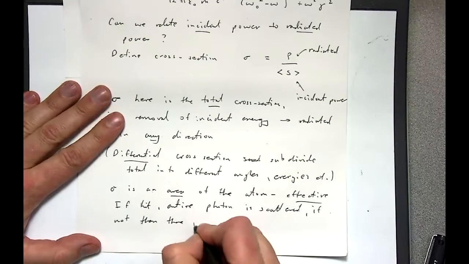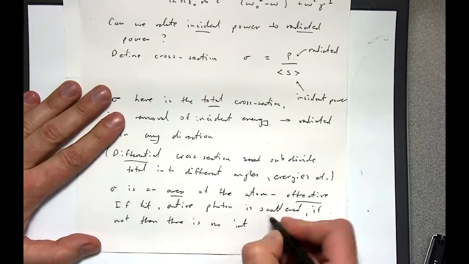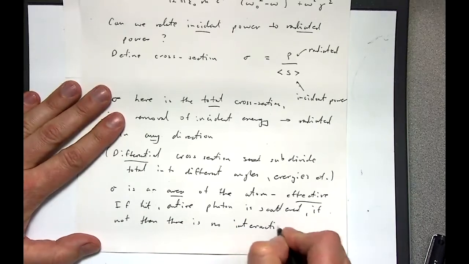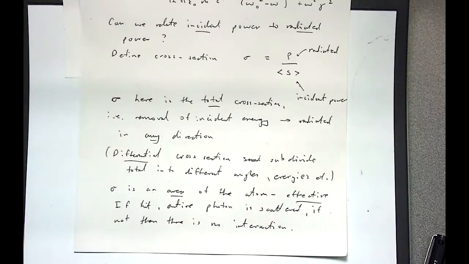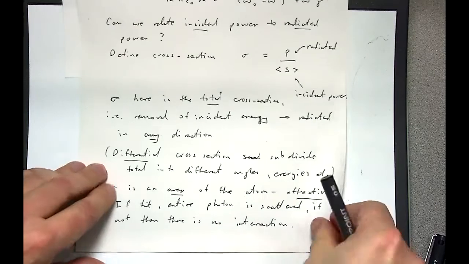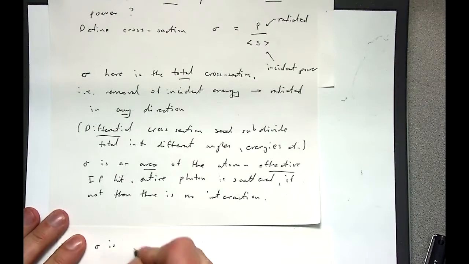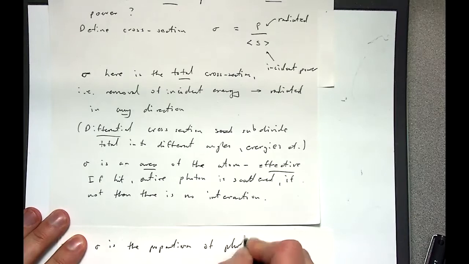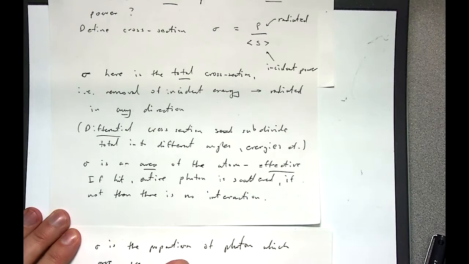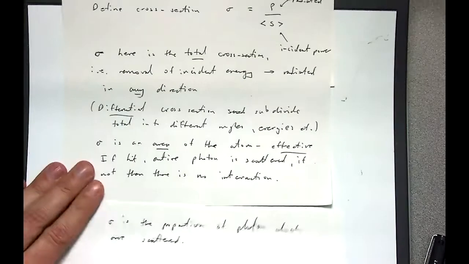I'm just saying the same thing a few times because I know this can be a bit fiddly to get the hang of to begin with. So what we're really saying is sigma is simply the proportion of photons which are scattered. So that's our rigmarole to get us going.